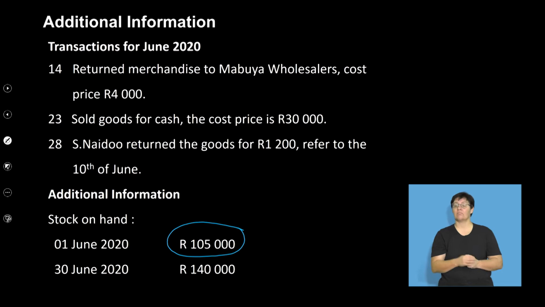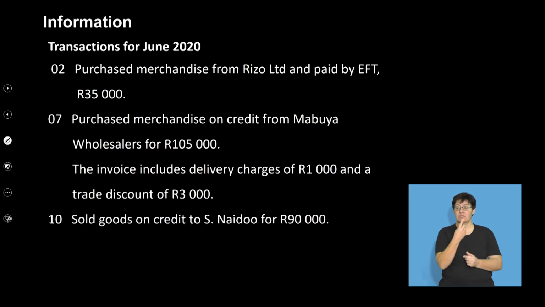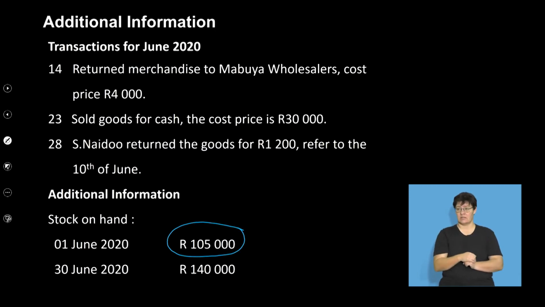In terms of my purchases, here we go. We got the first item we have here, purchased merchandise and paid by EFT. That was 35,000. So if we take that figure of 35,000 Rand, right? And then let's go back to the previous one. We have additional information here.